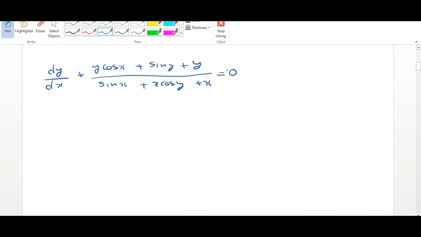So tell me, is it a first order linear differential equation or not? Anybody?